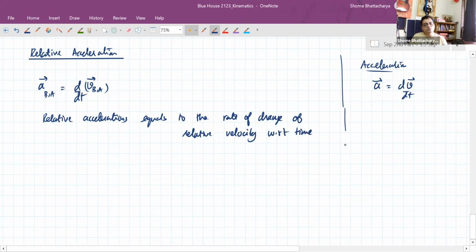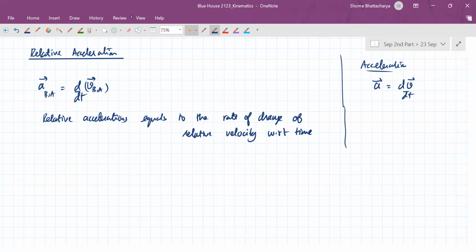Now this becomes doubly important because not only will we understand how to solve kinematics problems where two objects are accelerating and to solve the motion of one with respect to the other, but it will also give us a way of understanding the whole concept of Newton's second law application in an accelerated frame and the reason why pseudo force has to be included in that equation. So explanation of that also will come from the concept of relative acceleration. But before that, let's derive the formula. So this is the definition.